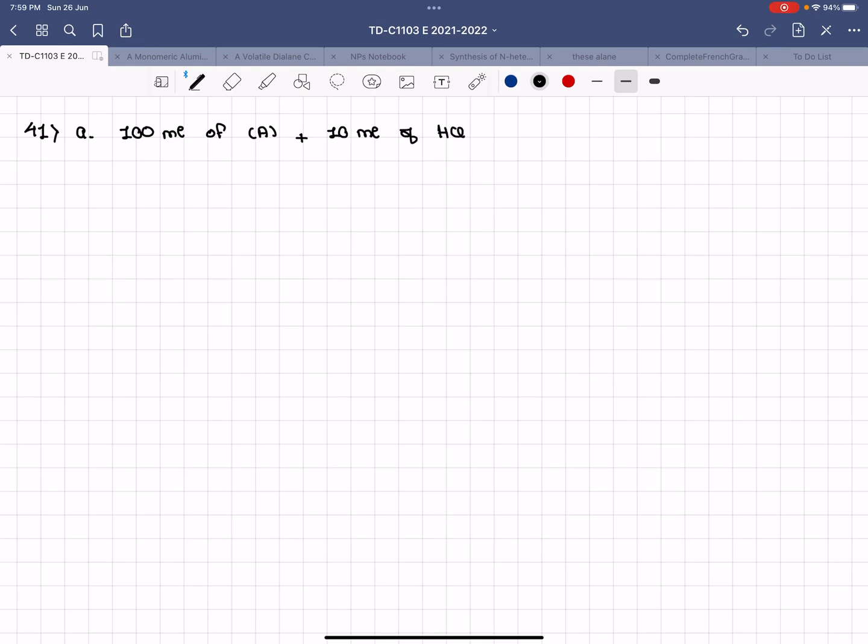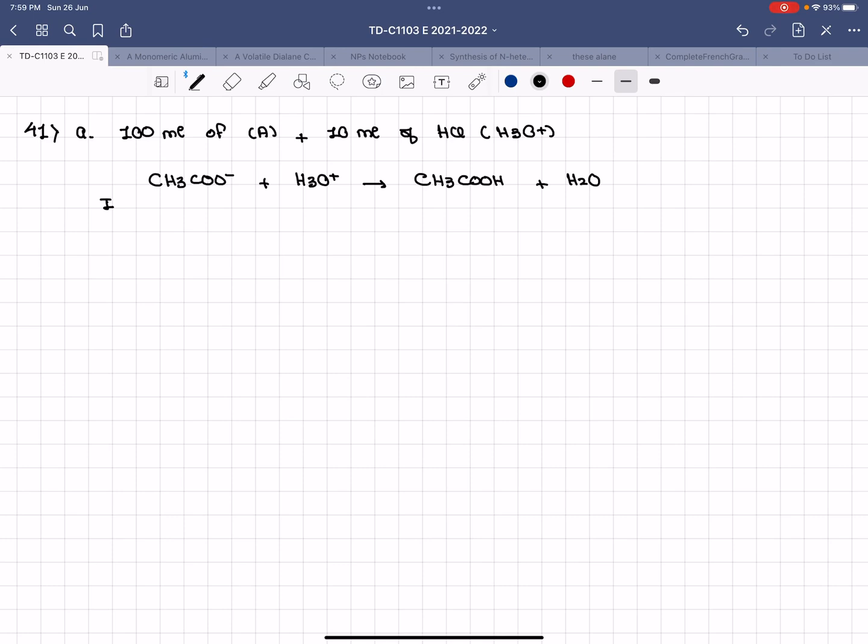You know that the active component is H3O+. A consists of the acetic acid and its conjugate base. HCl will react with the conjugate base. So the reaction will be CH3COO minus plus H3O plus to give you CH3COOH plus H2O. Always assume that it's complete with the strong species.